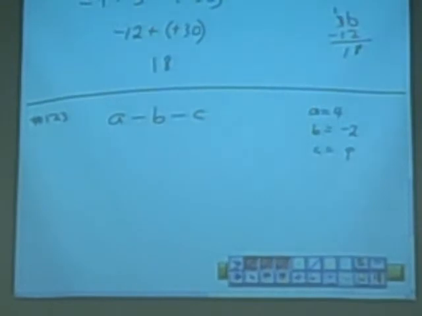Okay? So we're going to cut out the A, right? And what are we going to put in there for A? 4, right? Okay? And so now minus, right? And now we're going to cut out that B, right? Put parentheses there. And what are we going to put in there for B? A negative 2.